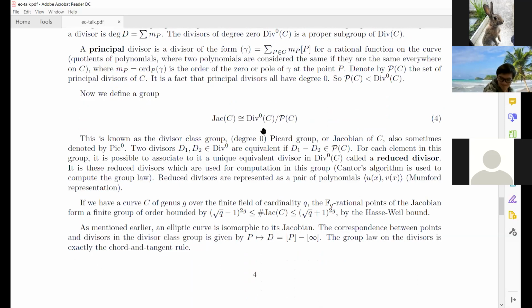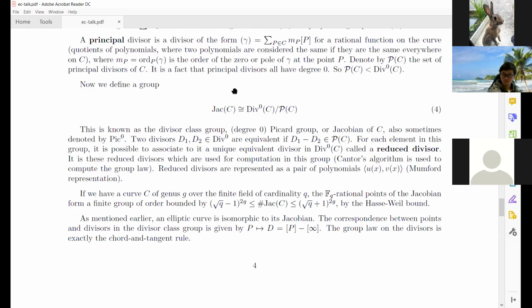This group is known as the divisor class group, but you can also call it the Picard group or the Jacobian, which are not exactly the same definition as each other, but they're all isomorphic as a group. So I'll just use those terms synonymously here.